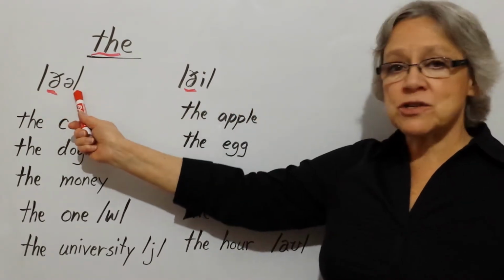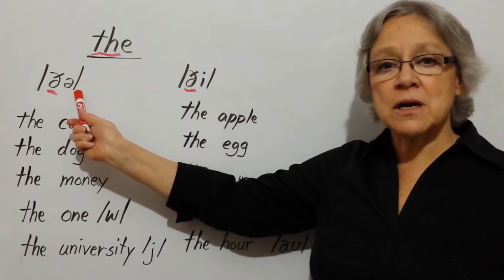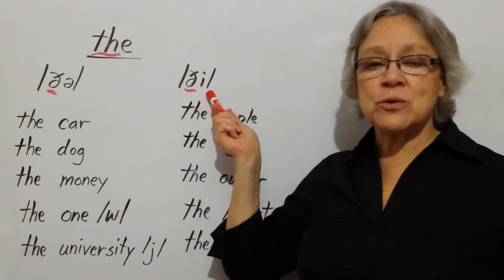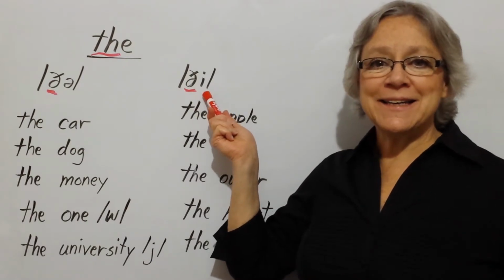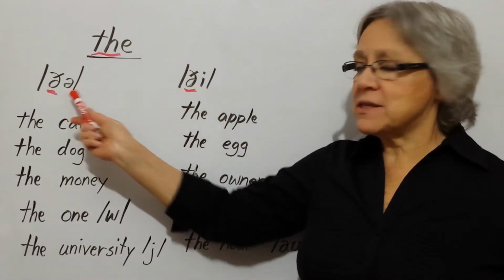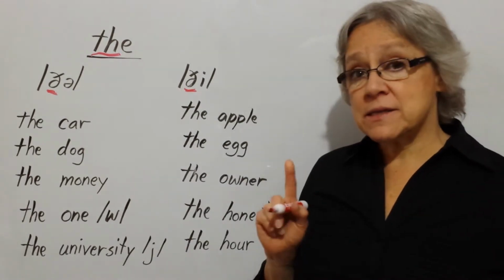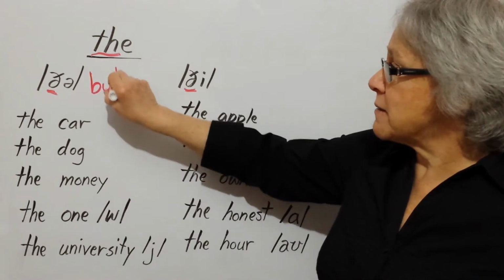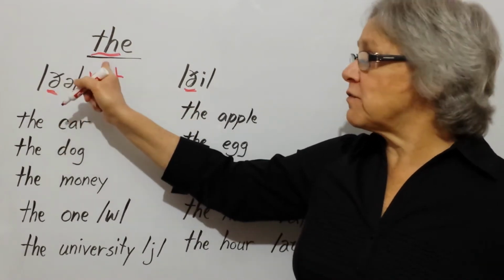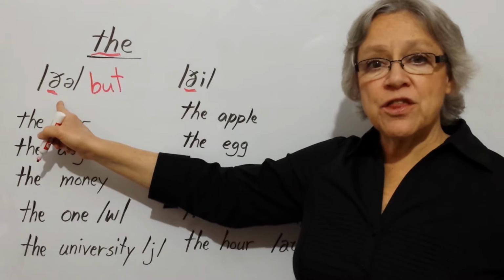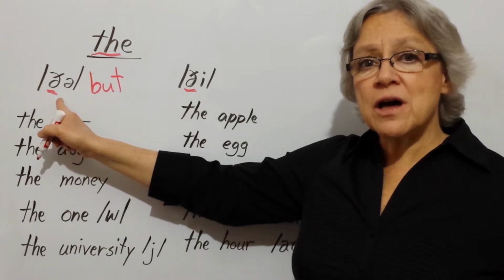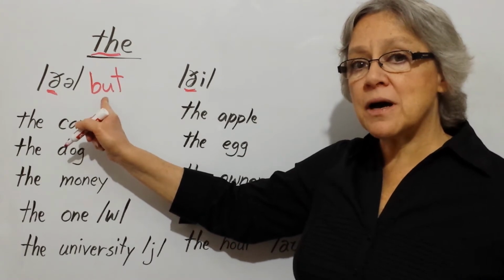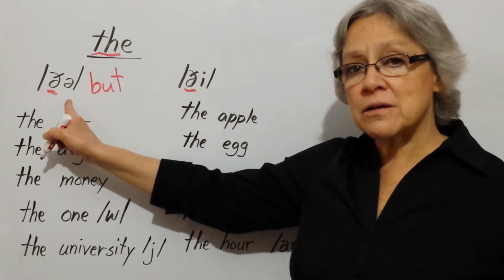This vowel sound is the schwa sound. This vowel sound is "ee." So this sound is the same vowel sound as in the word "but." So the pronunciation here for this word is "thuh." The vowel again is the same as in "but." Okay?